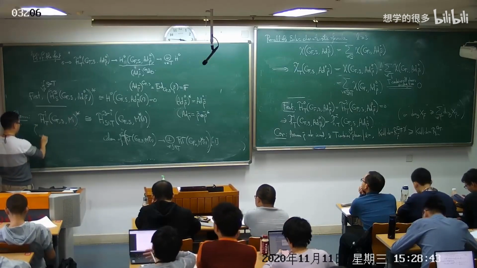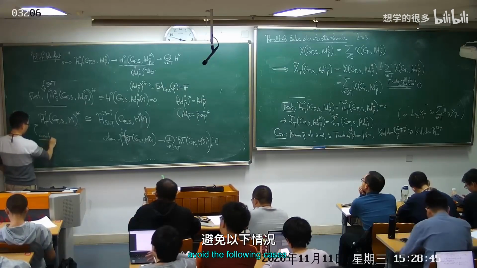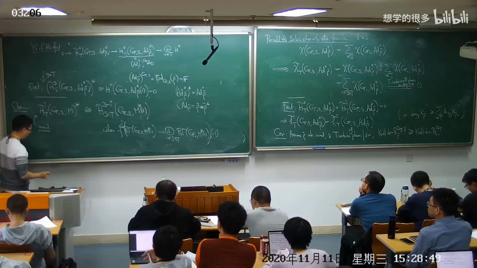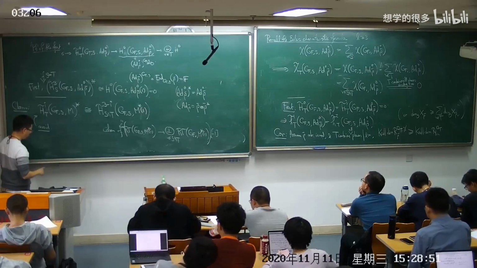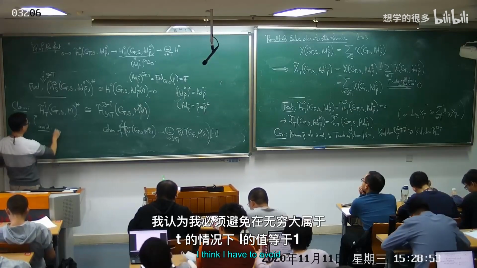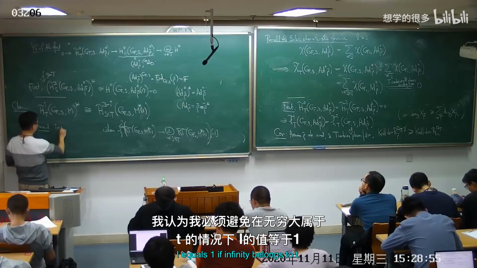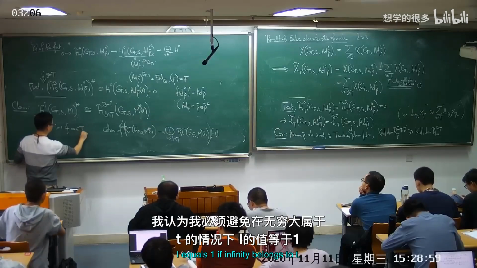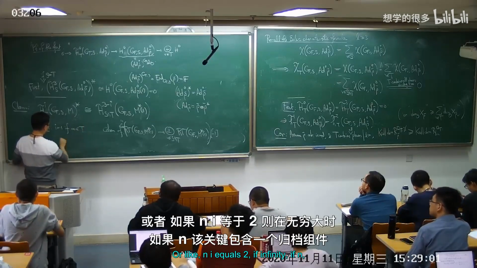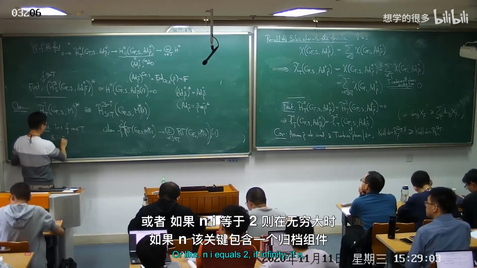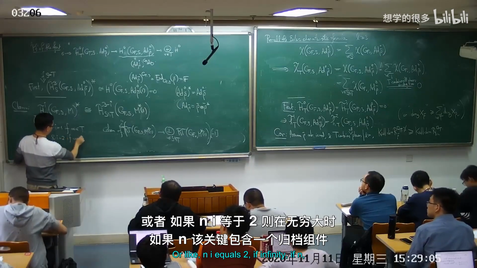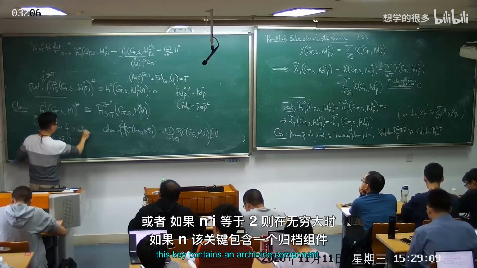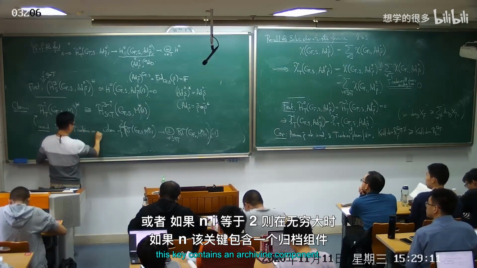I have to avoid the following cases. I think I have to avoid I equals 1 if infinity belongs to t, and I equals 2 if this t contains an Archimedean component.